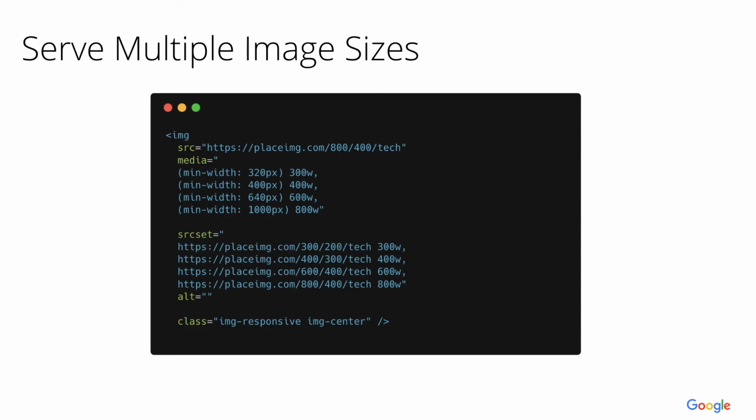So once you have your images, you can use a srcset attribute for your image. In your image tag, add the srcset attribute, and then you can add different URLs that will be downloaded based on the size of the viewport. So pure front end, pure HTML, and it works great.